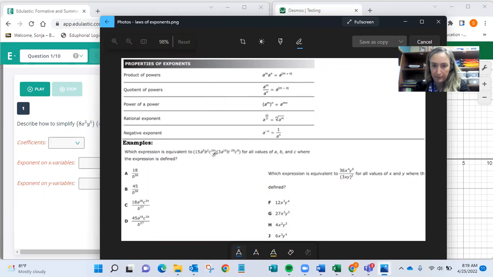So for example, I think this is actually on your quiz. If I have the coefficients 5 and 3, that I'm going to actually multiply like normal. So it would just be 15 times 3, which equals 45.